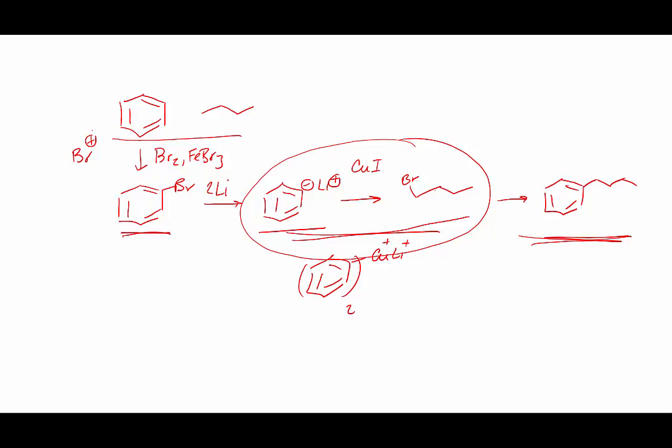Or AlBr3. It's usually either iron or aluminum. It's something that basically rips the Br- off and leaves the Br+. So it's either aluminum or iron. Any other?